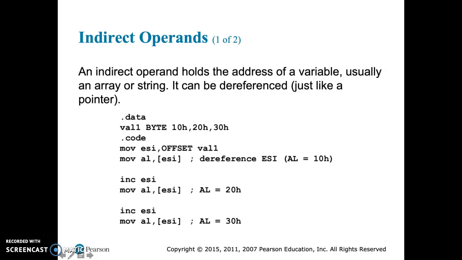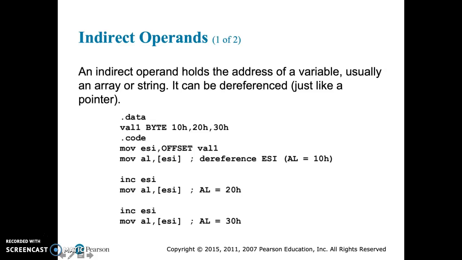The offset initially is the first element of the array. Then we move from the ESI register, dereferencing it, and instead of moving the number 1, we are moving the actual value at that location, which is the value of the element of that array, hexadecimal number 10. We're moving that to AL.